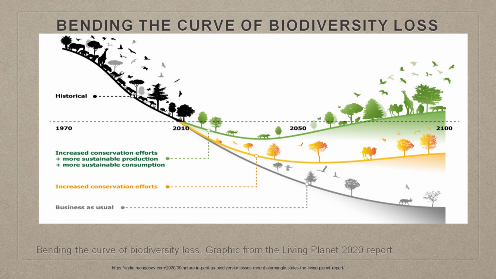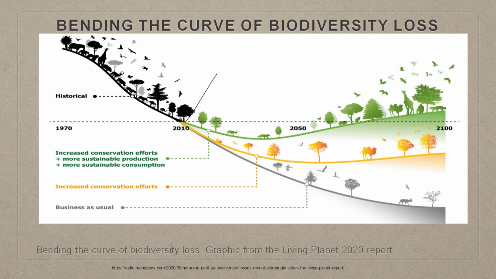Now, looking at the biodiversity loss, if you look at this curve, which is again borrowed from the Living Planet 2020 report, historically, on the left hand side of the graph, you could see a lot of animals, a lot of plants, water bodies, as well as a lot of birds. Now, from 2020, if you look at it, the curve is falling down.